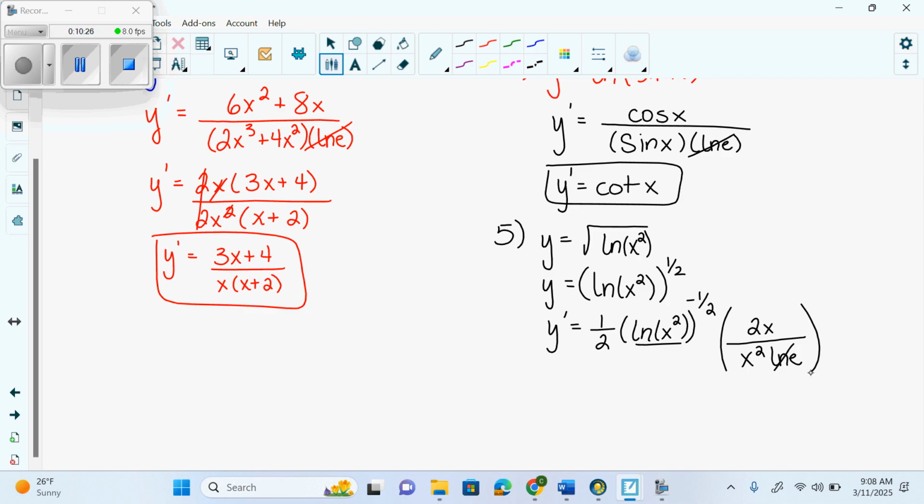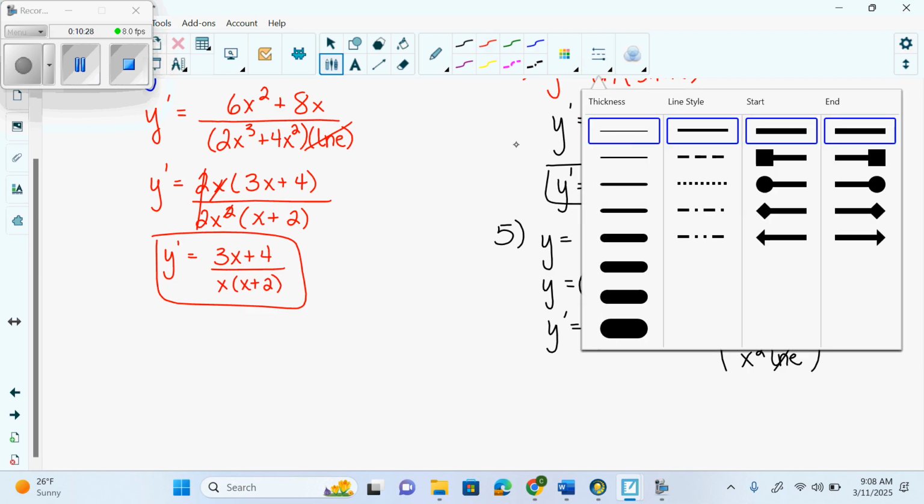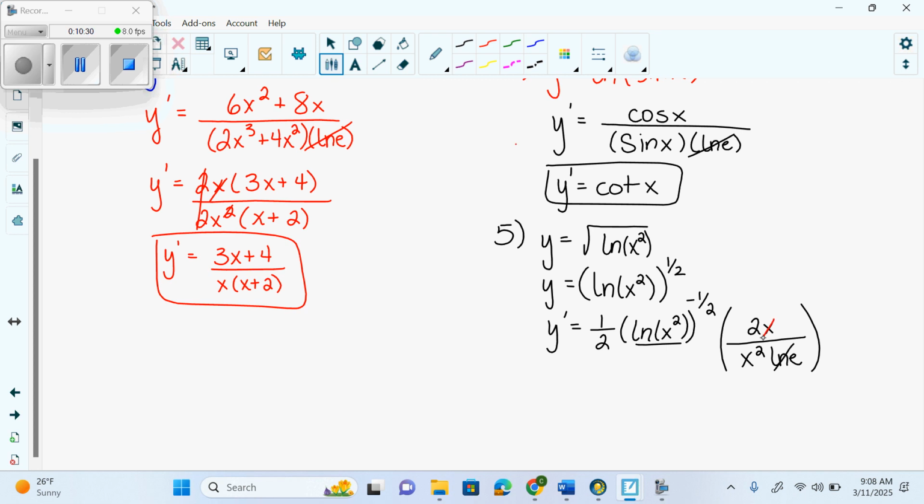Right? Now the key thing here is that this x is going to cancel off one of those. And then I'm going to rewrite it, like this would technically be over 1. We agree? So it's like fraction, fraction, fraction, fraction, fraction, right? So all the numerators, so 1 times ln x to the negative that.